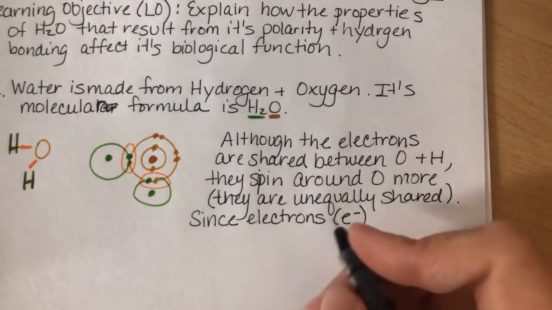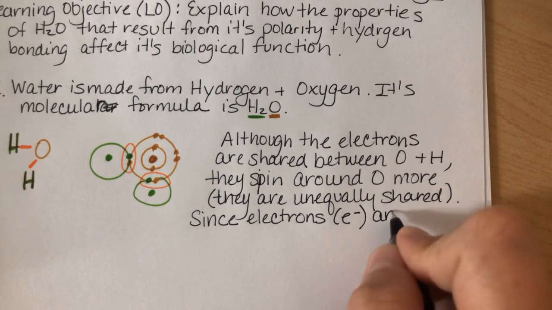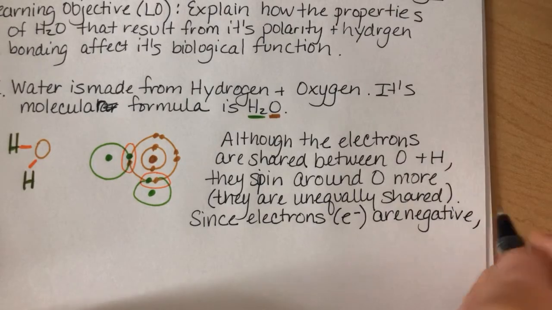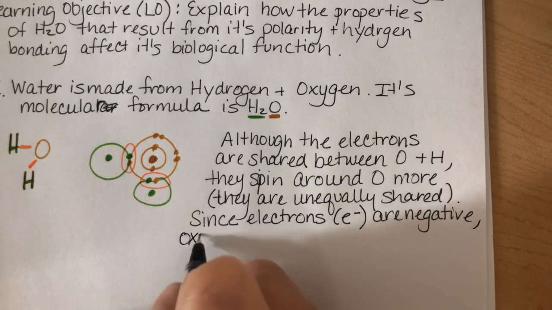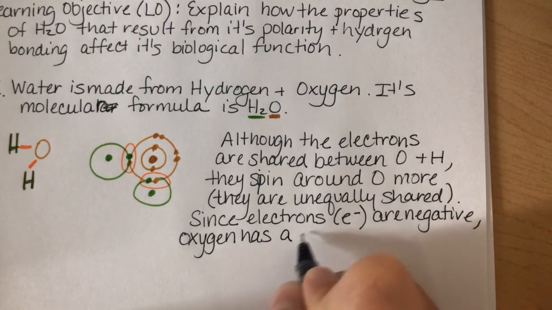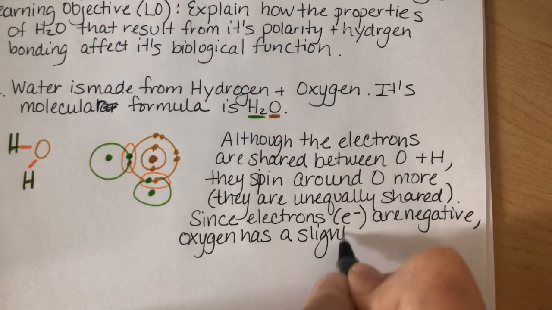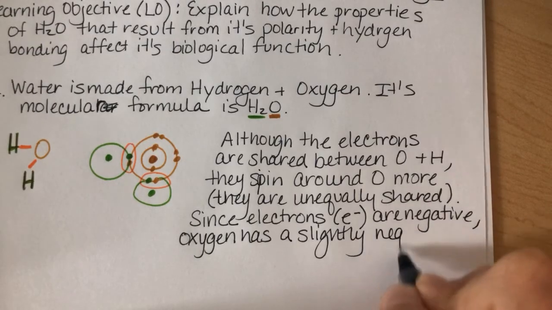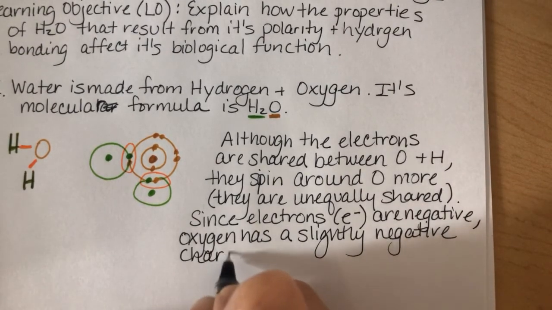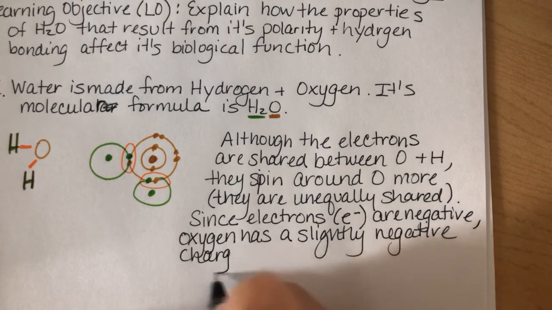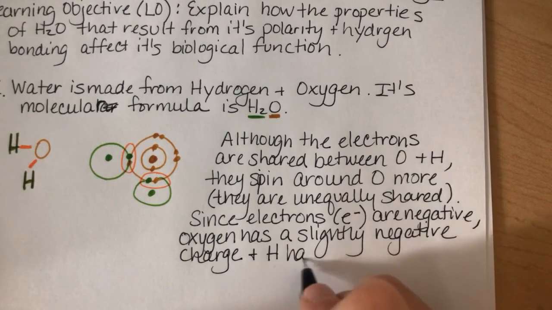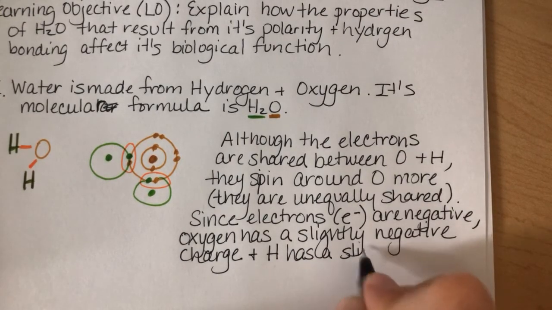Since electrons are negative, oxygen has a slightly negative charge, and hydrogen has a slightly positive charge.